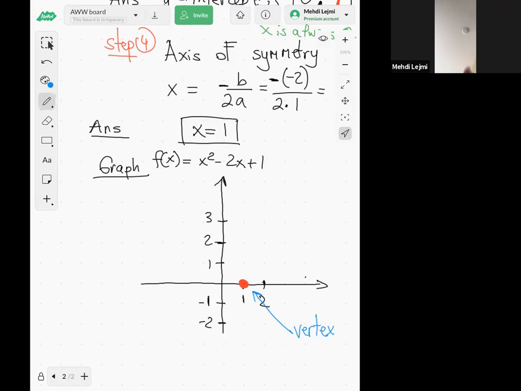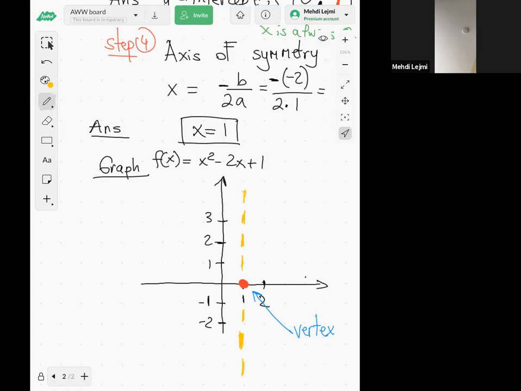For the axis of symmetry, it passes through the vertex. So my axis of symmetry would be this line here. It's a vertical line which passes through the vertex.